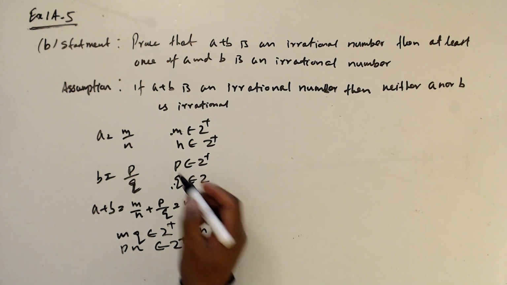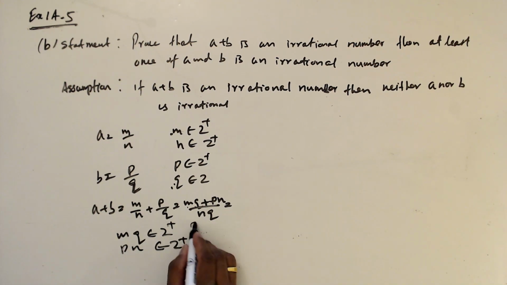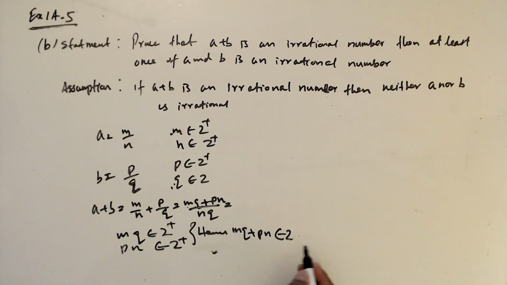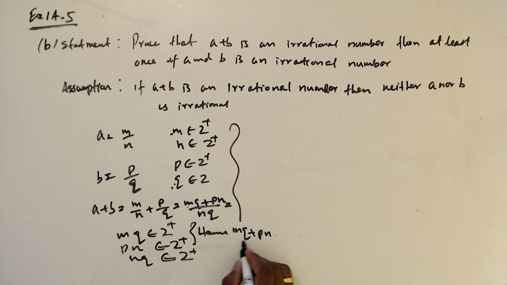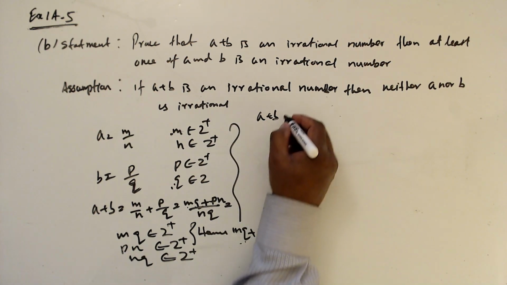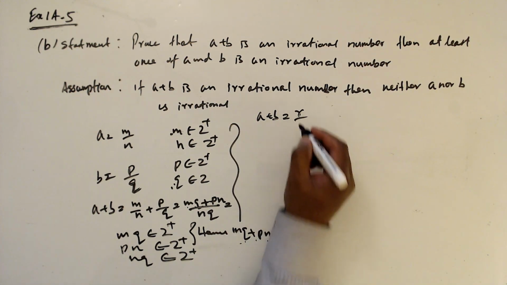Then nq is also an element of Z. Hence mq plus pn is an element of Z, and the other one, nq, is an element of Z. We can write one more step: mq plus pn equals r, an element of Z. So we can now write A plus B as r over nq.